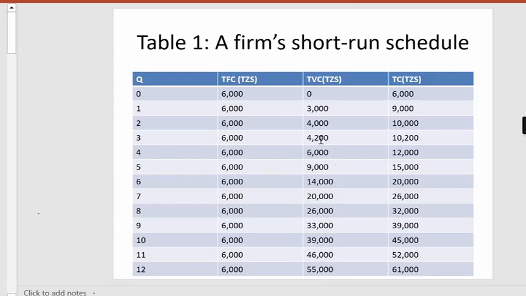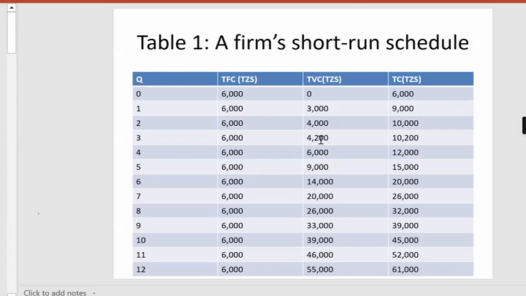For example, it can be the cost of labor, cost of raw materials. The more you produce, the more raw materials you need, the more cost it is. There is a variation, right? The more you employ, the more the cost it is. But the fixed cost will remain as it is.